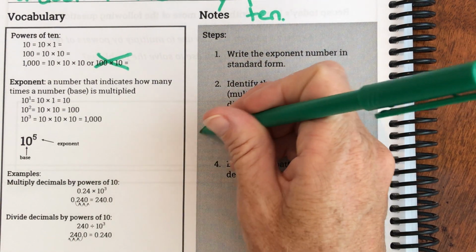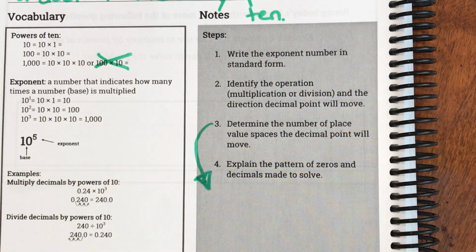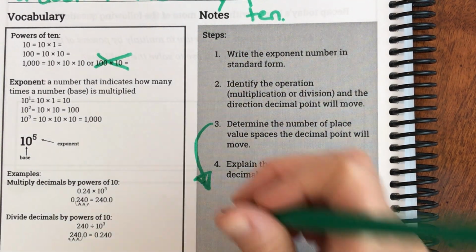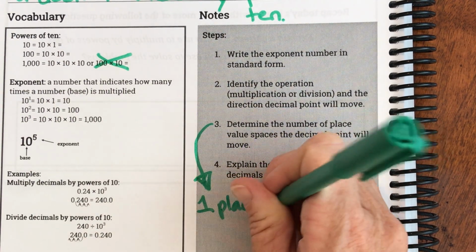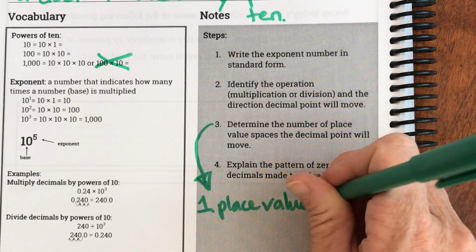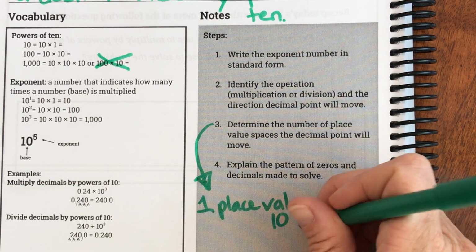Okay, so we're going to write some notes on this. A few lessons ago, we talked about this place value idea and how much each place value is worth. So we'd written this before, and we're going to write it again. One place value equals 10 times.